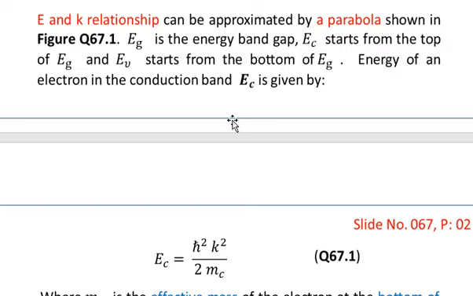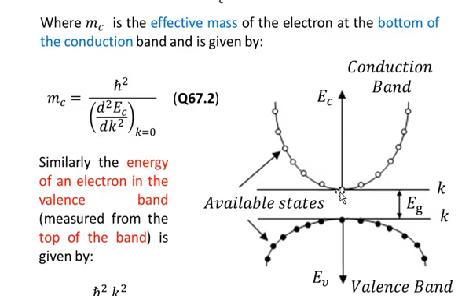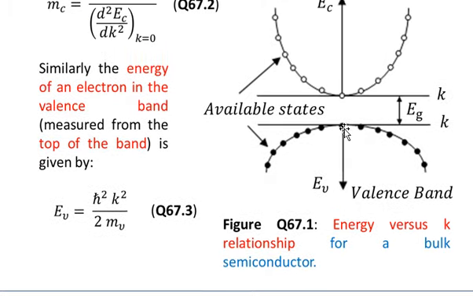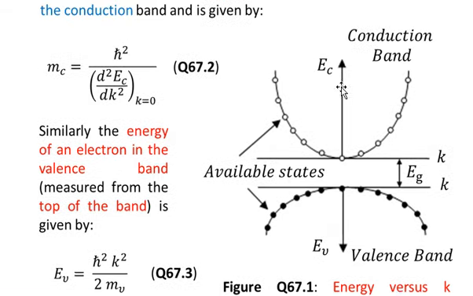According to this description, E_C will originate from the bottom of the conduction band and E_V will originate from the top of the valence band. Up till now this is true, but in the next we shall modify it. Here there are two references: E_C has a reference at the bottom of the conduction band, and E_V has a reference at the top of the valence band. But we shall later on set a single reference for these two energies.